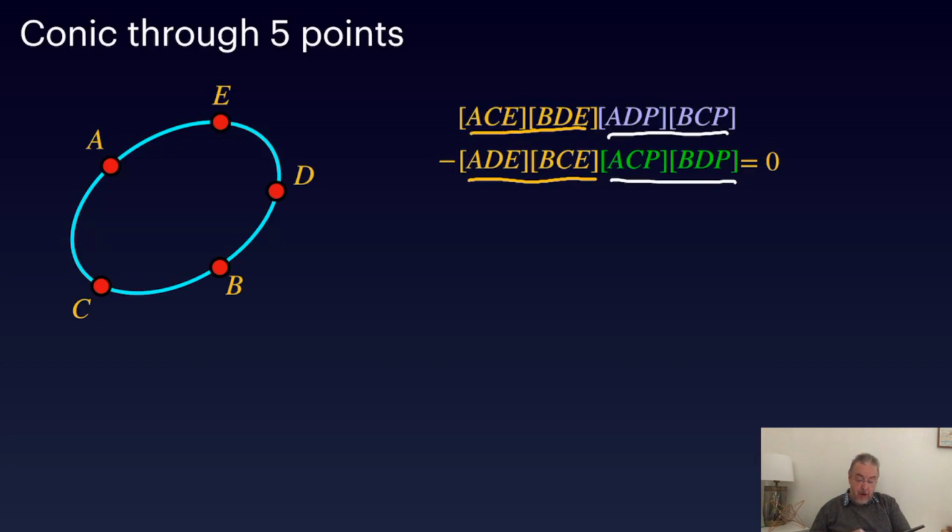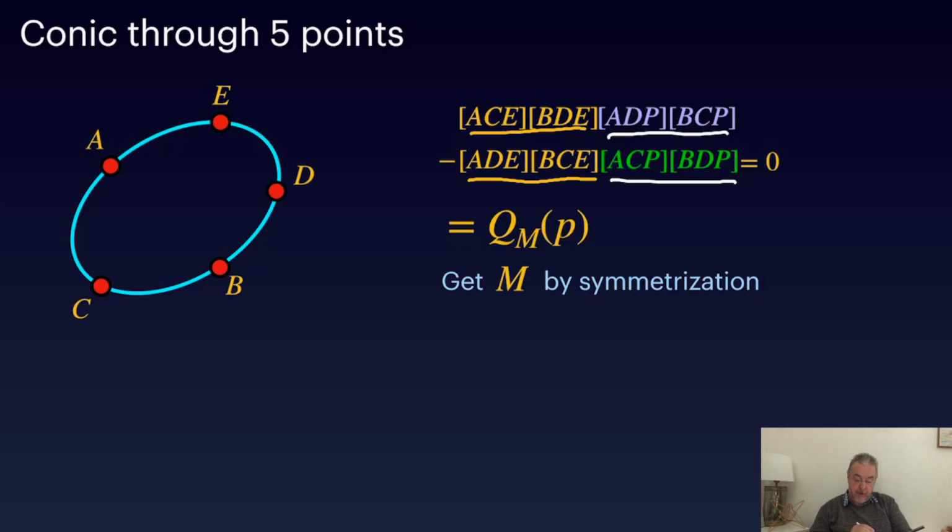So all in all, you get a quadratic form, and you can symmetrize it by the usual trick of replacing the matrix you get here by summing it to its own transpose. So you take the usual symmetrization step. So this was one way of getting a conic through 5 points.